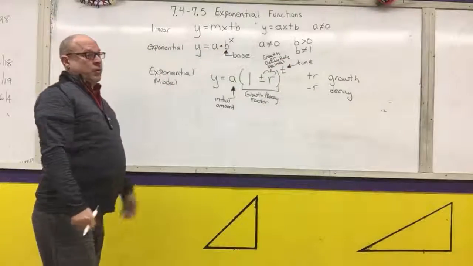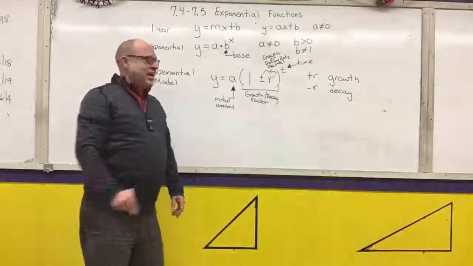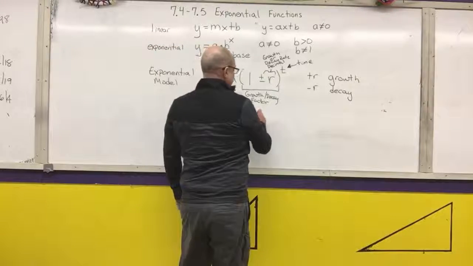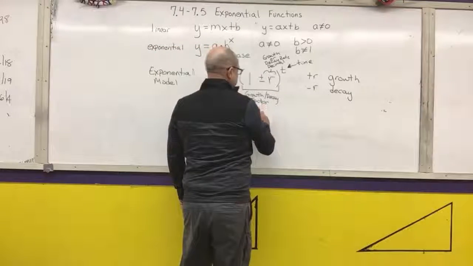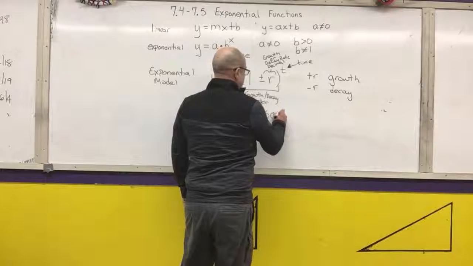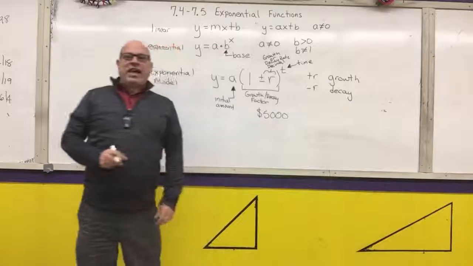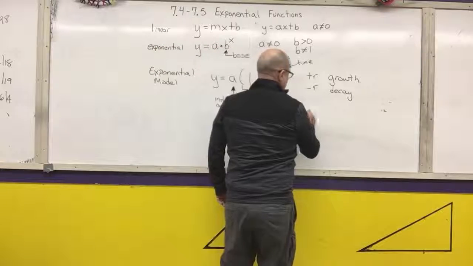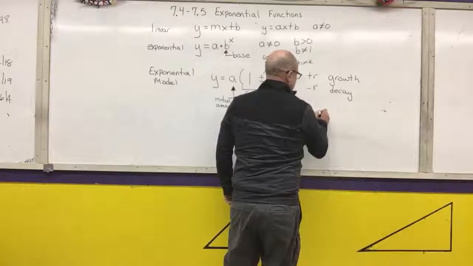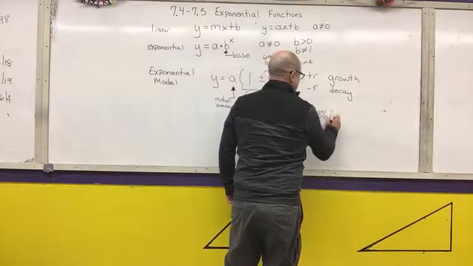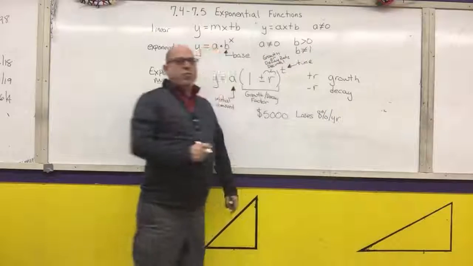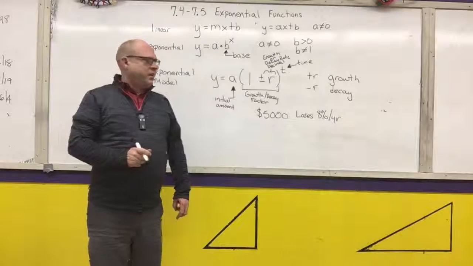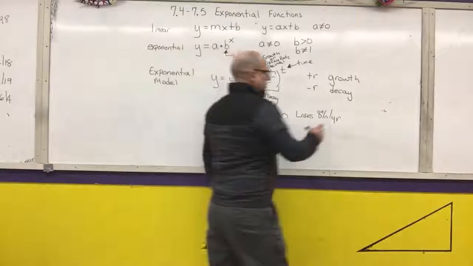So how does this work? Well, let's say that I purchased a car for $5,000. And it loses value at 8% per year. I want to know what my car's value is going to be after 5 years.